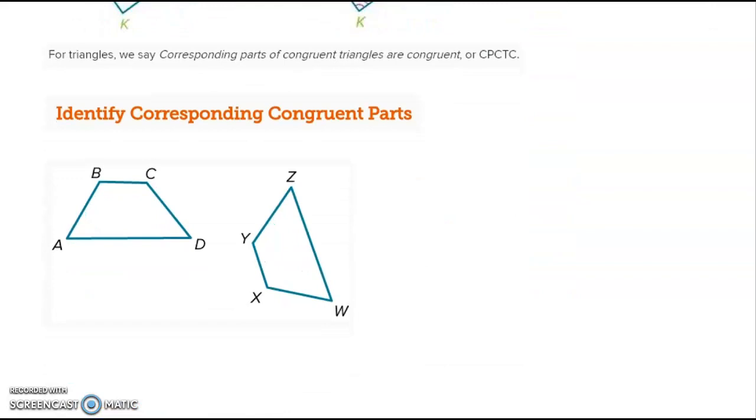So this one here, there's no marks, but we can kind of tell by those different sides and how everything kind of looks as if we could turn this one on the right to match up with the one on the left.